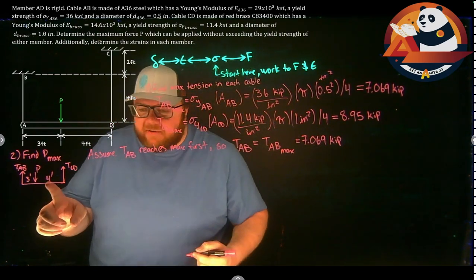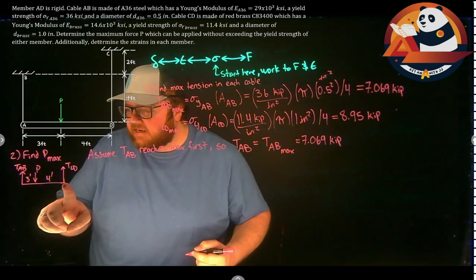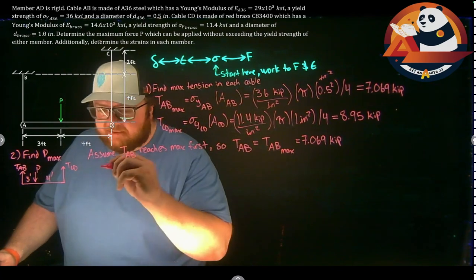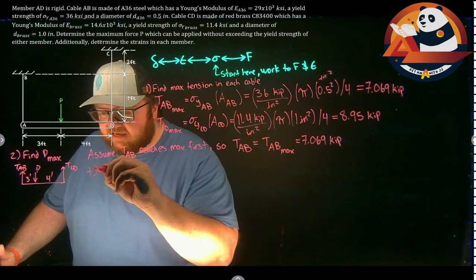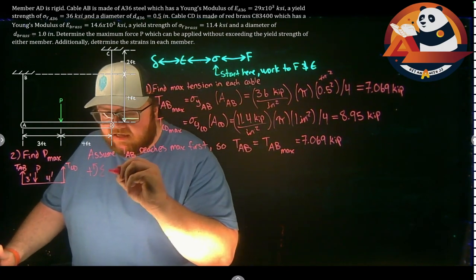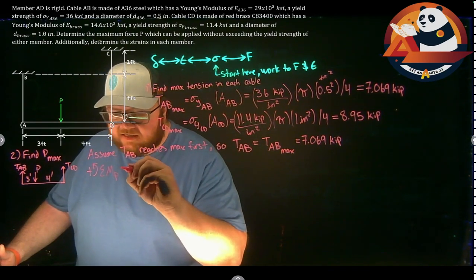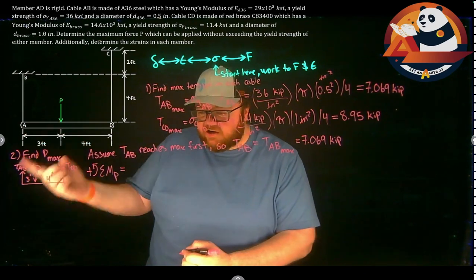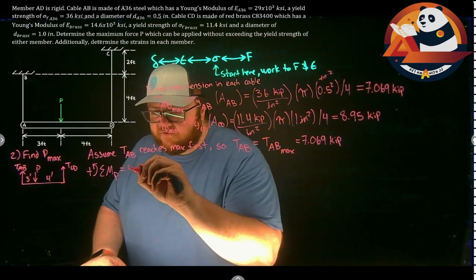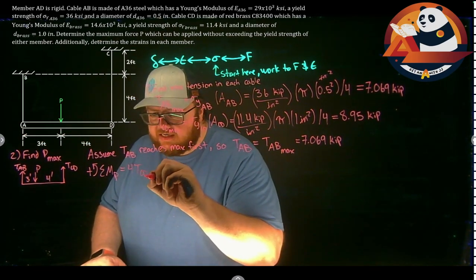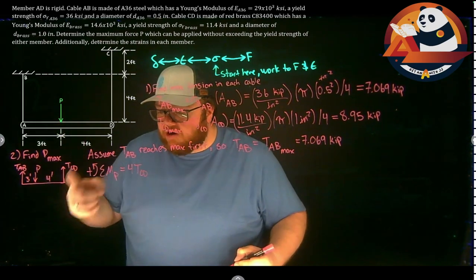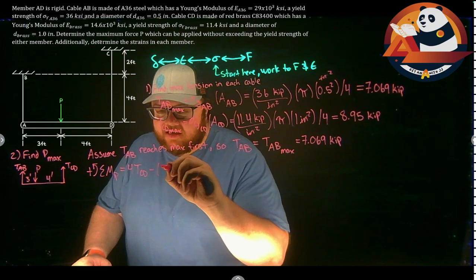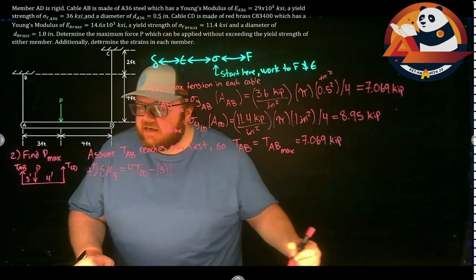So let's just sum moments here. We'll do moments at D. Actually, let's do moments here at P, because that way we don't have to find P first. With positive going counterclockwise, let's sum up our moments about point P. TCD is going to cause a counterclockwise rotation, so 4 TCD minus our moment from TAB, because it'd be clockwise, so minus 3, our distance, times our force.